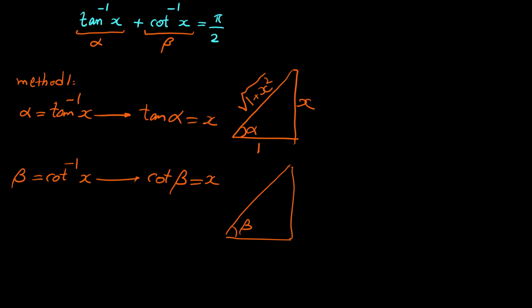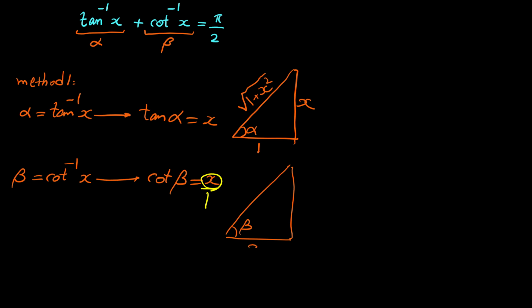Now for this triangle, we have the length of all sides. Let's do the same thing for angle beta. Cotangent of beta is x, and cotangent is the reciprocal of tangent. Tangent is opposite over adjacent, but cotangent is adjacent over opposite. So x over 1, the x is adjacent.